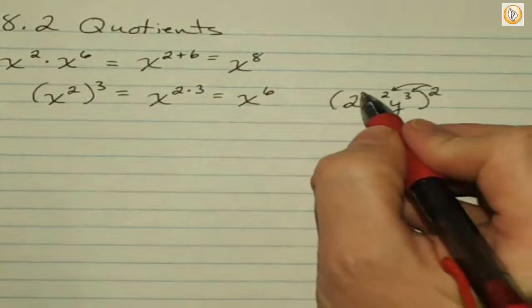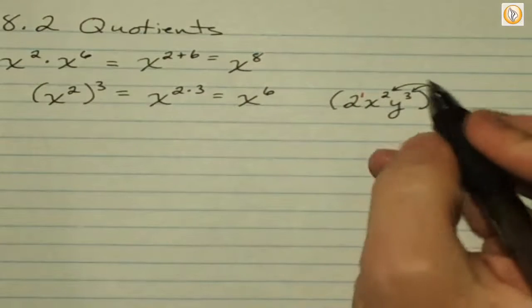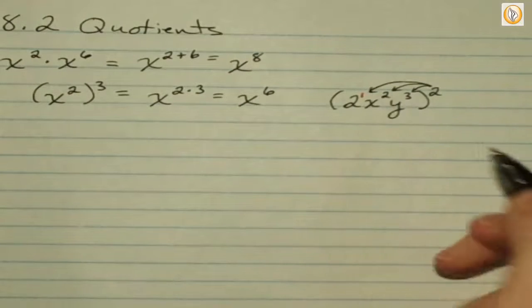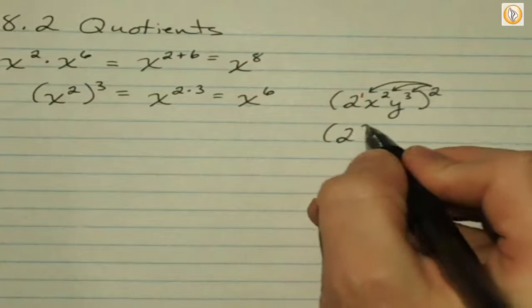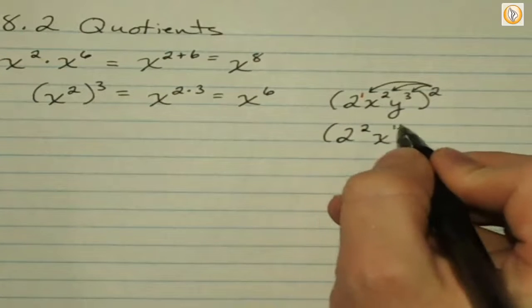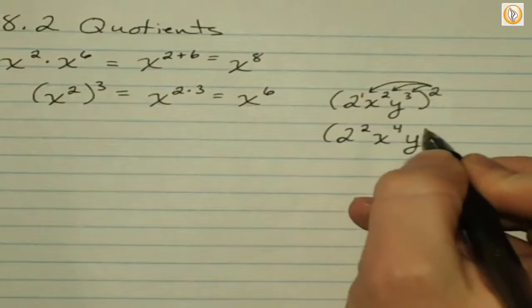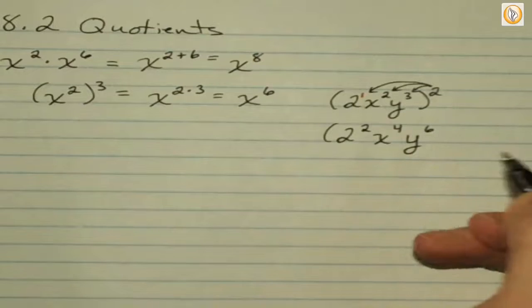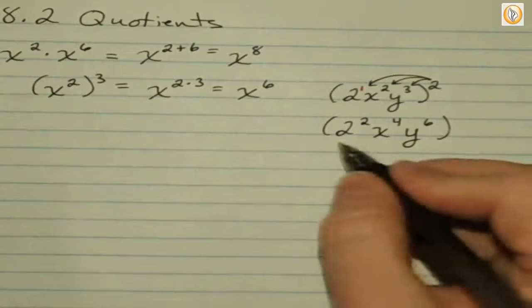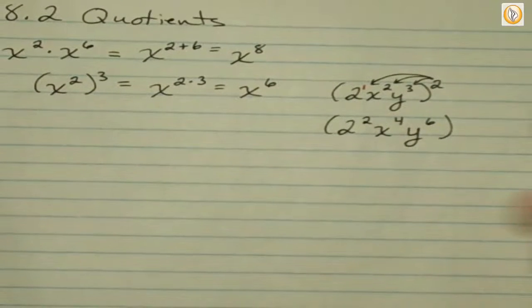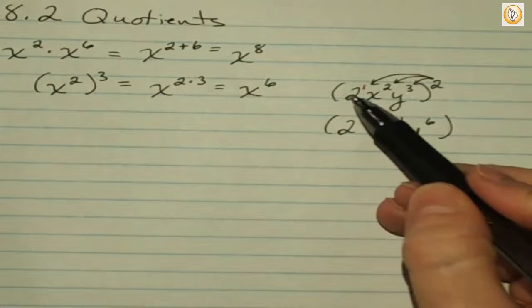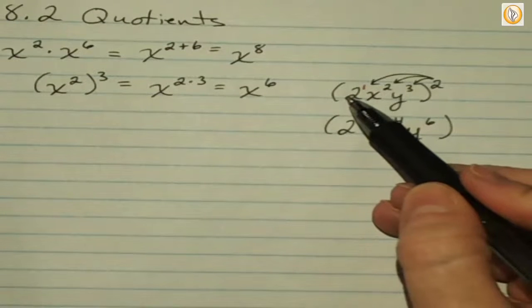And remember, we pretend that there's a 1 there. So then that would be 2 squared, x to the 4th, y to the 6th. But then y'all would say, okay, there's my answer. So y'all would forget to apply it to the main number. That was one issue I saw from a lot of y'all.